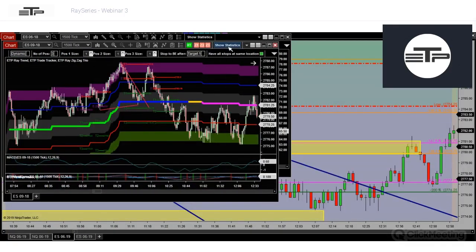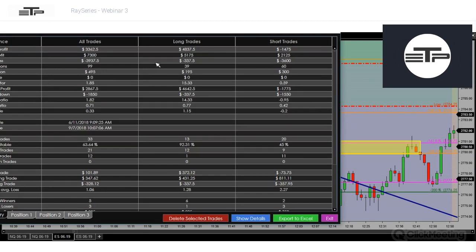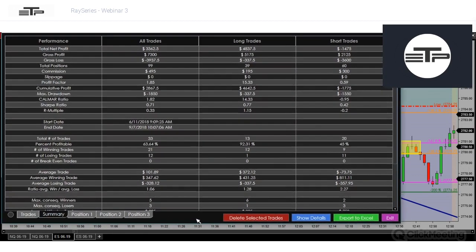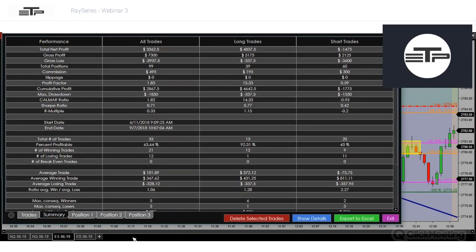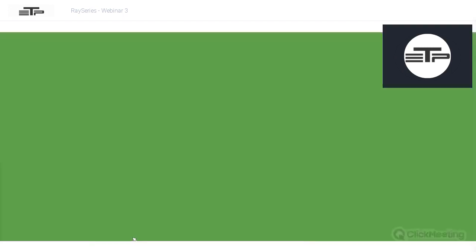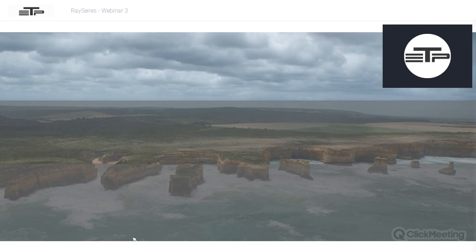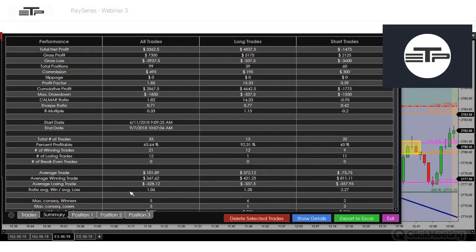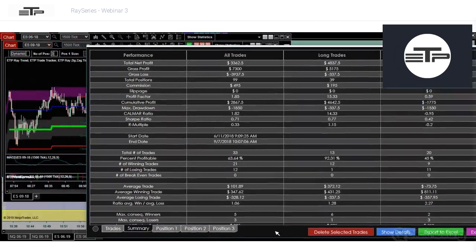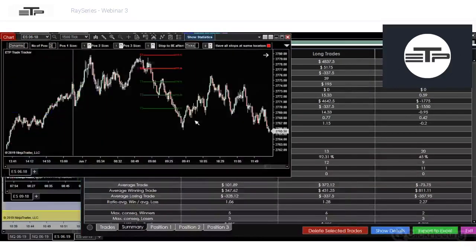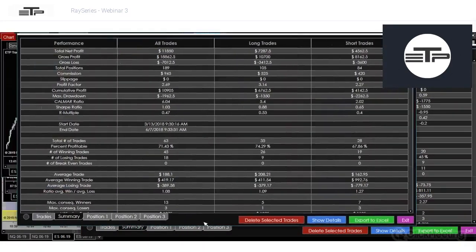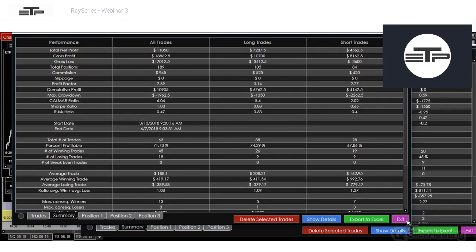This is 0918. So in this contract, this was the worst contract out of all of them, because the market was really, really slow during those 3 months. So we didn't get very many trading signals compared to the previous contract, which was 0618. We had a total number of trades of 63.